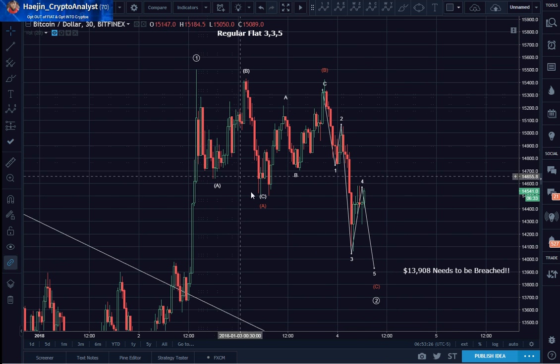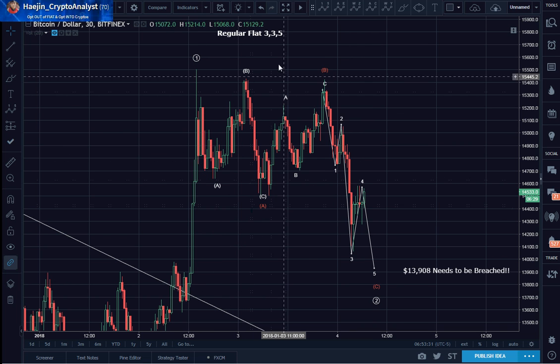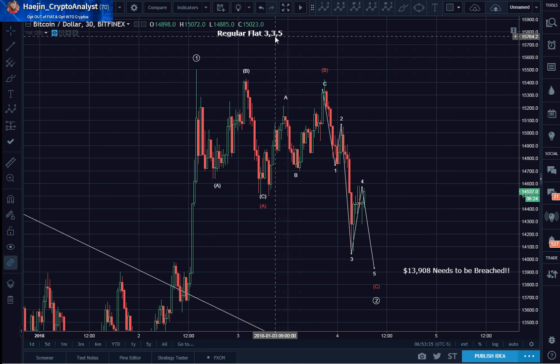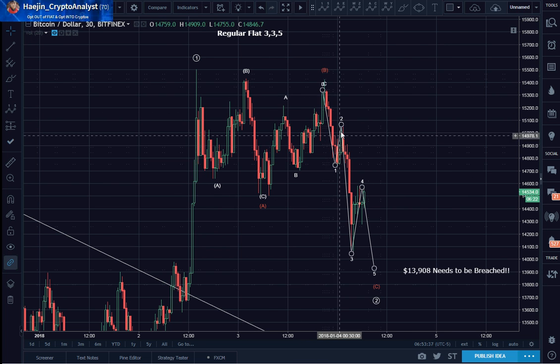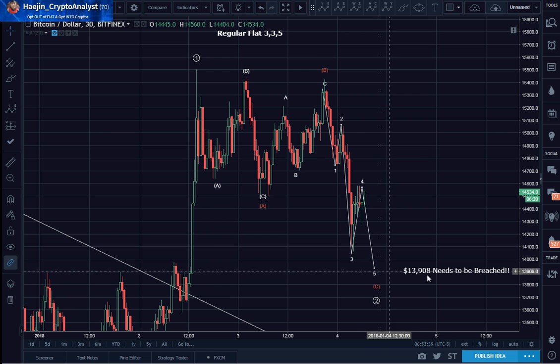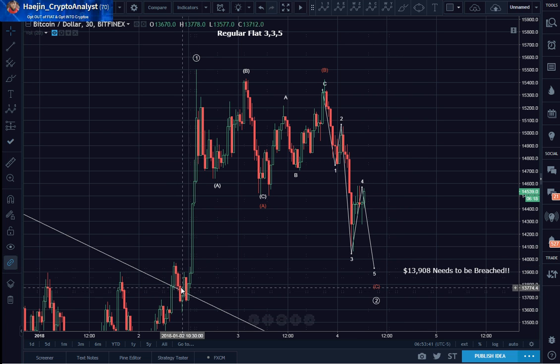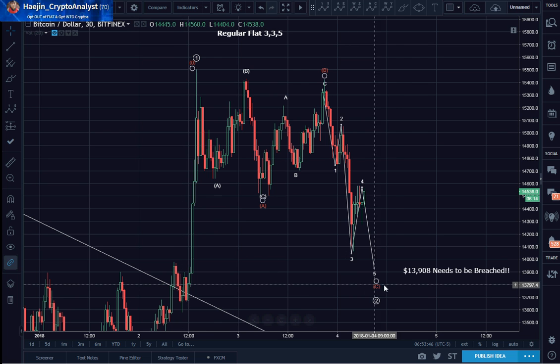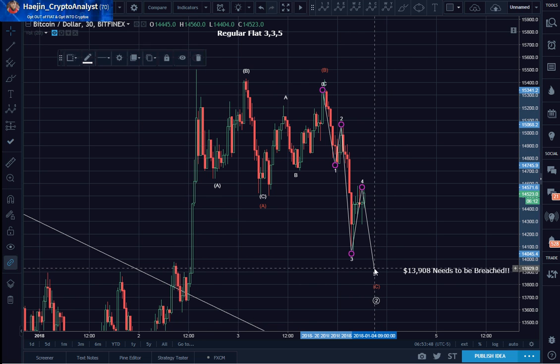Therefore, if this is ABC, A has ABC 3 waves, 3, 3, 5. B has ABC 3 waves, and C has 1, 2, 3, 4, 5. I believe we will go back down near to where it broke out, and that is very common. 13912.